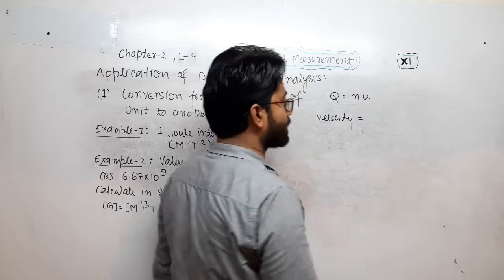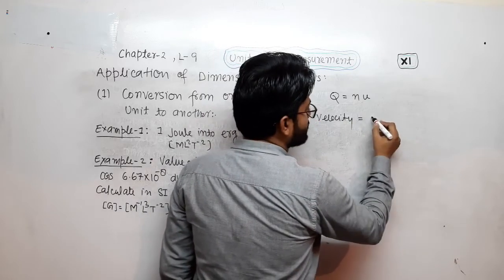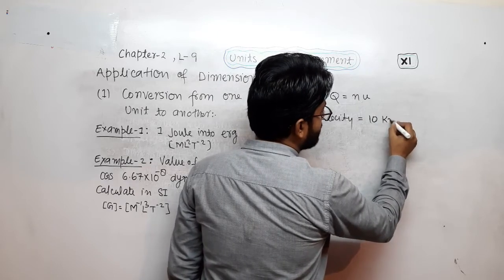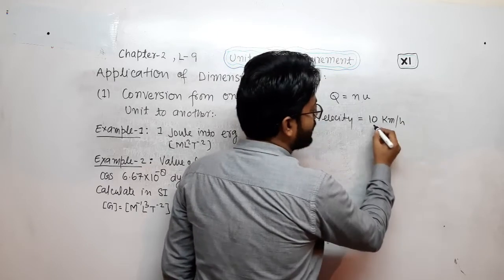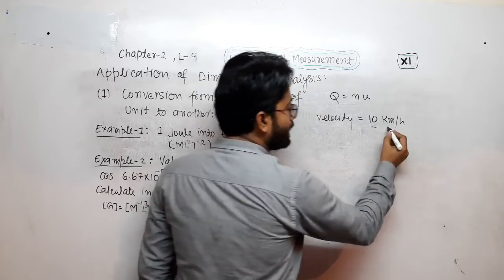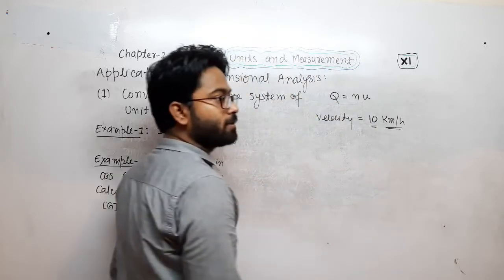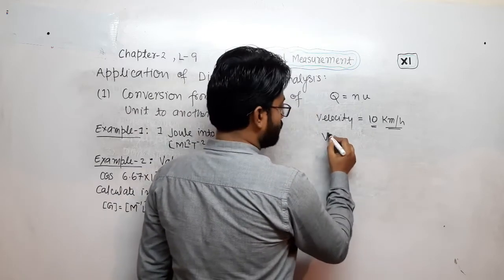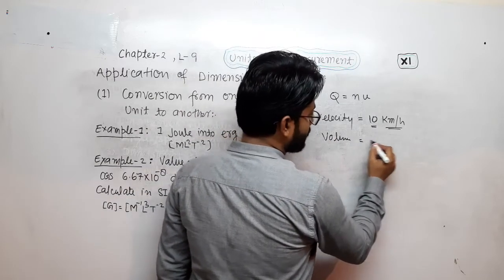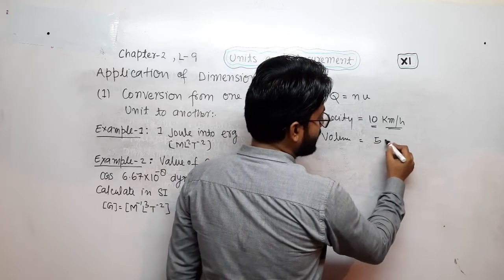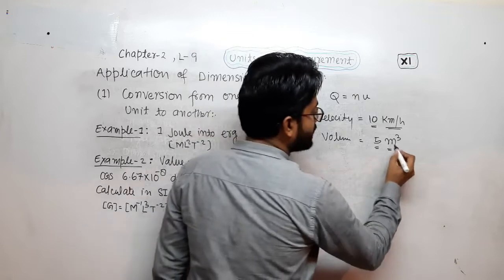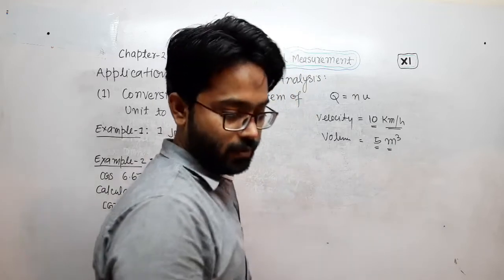Velocity of any vehicle will be, let us suppose, 10 kilometer per hour. 10 is the numerical value and kilometer per hour is the unit. It may be volume, 5 meter cube, where 5 is the numerical value and meter cube is the unit. I hope you understood.